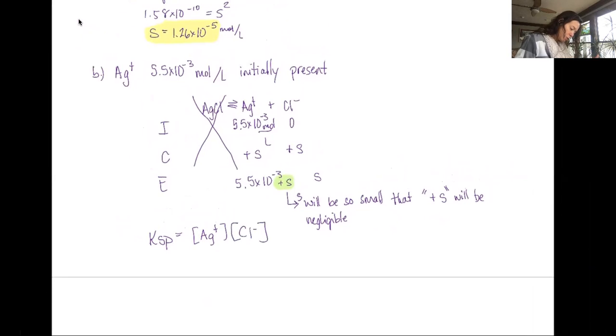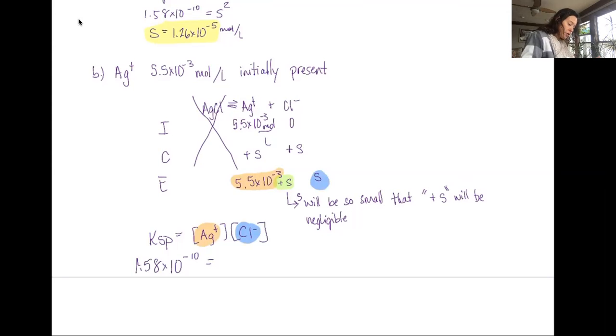Okay, so KSP, which was what? KSP is 1.58 times 10 to the negative 10th. Get it together, Miss Murphy. People are watching you. So 10 to the negative 10th equals, okay, so we're going to plug this in for silver, and we're going to plug this in for chloride, okay?